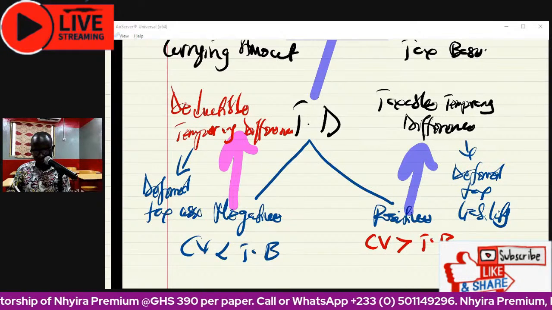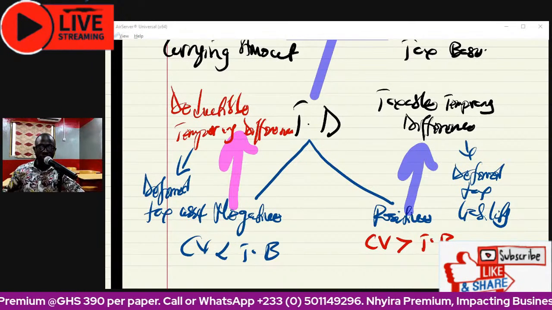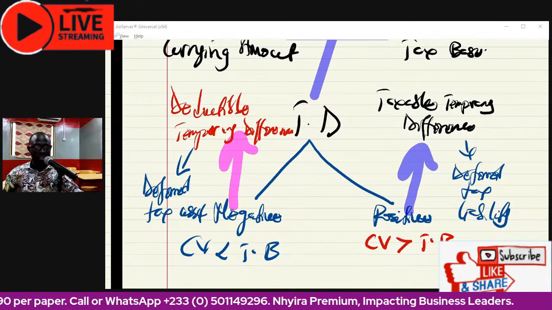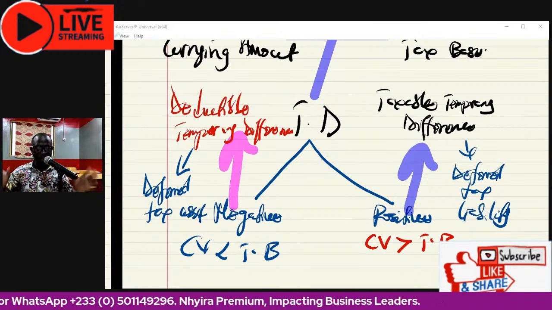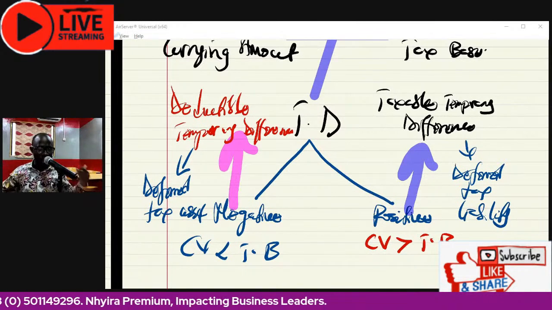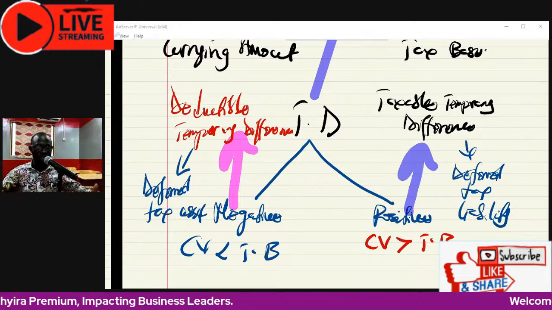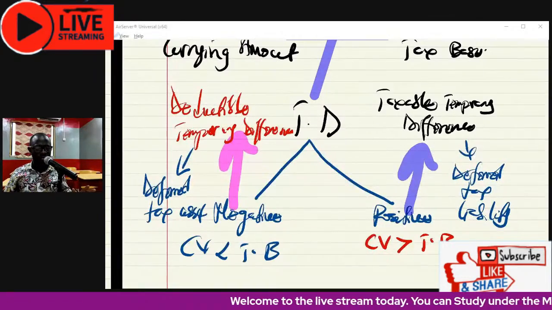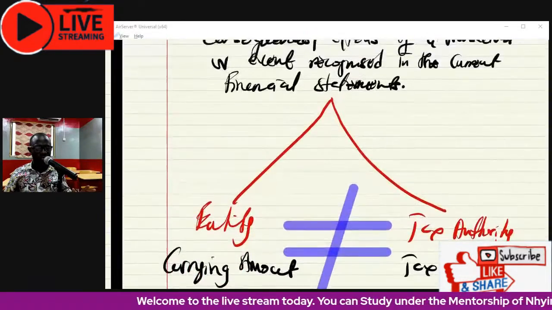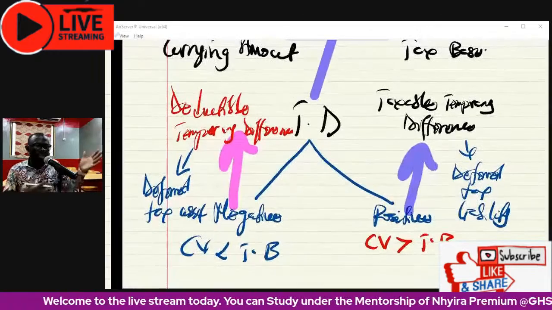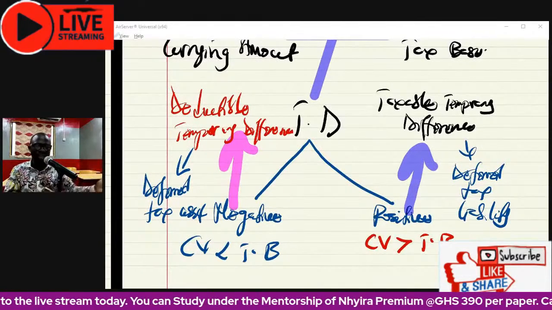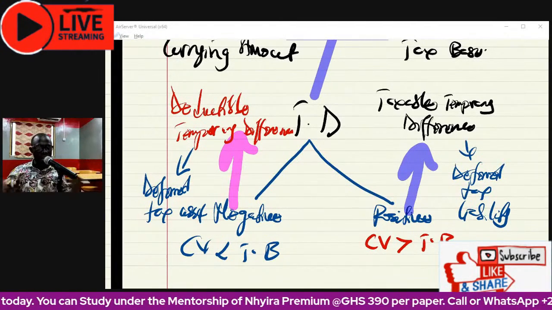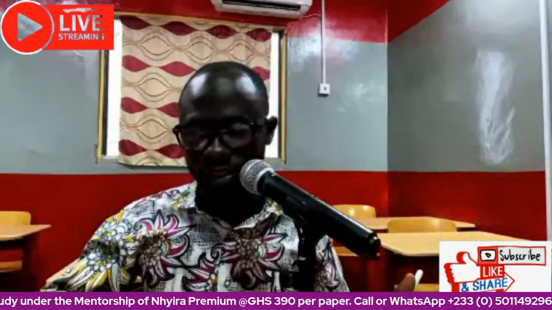Deferred tax assets. This is what you need to understand when we talk about these items. So that is the idea. Basically, when we talk about deferred tax, this is the first level. Any questions, please?